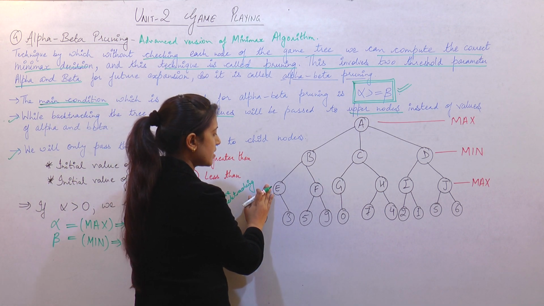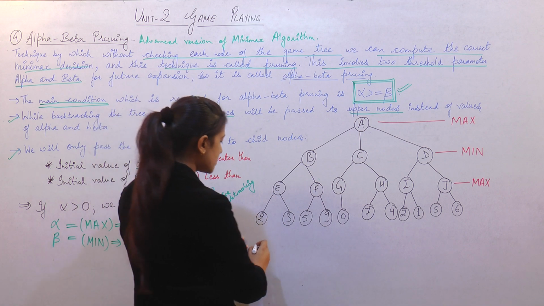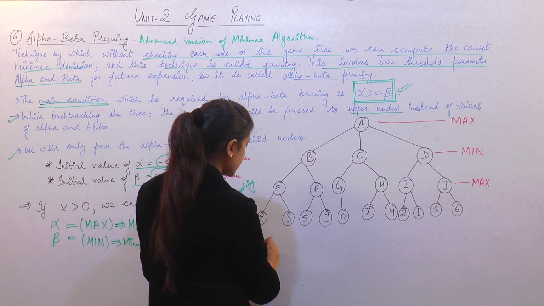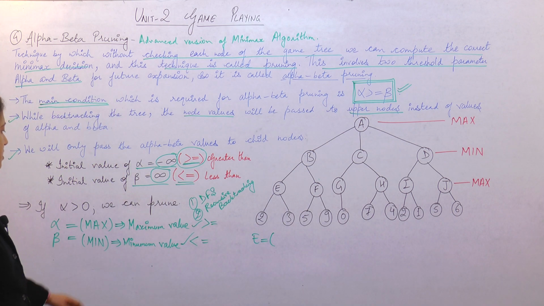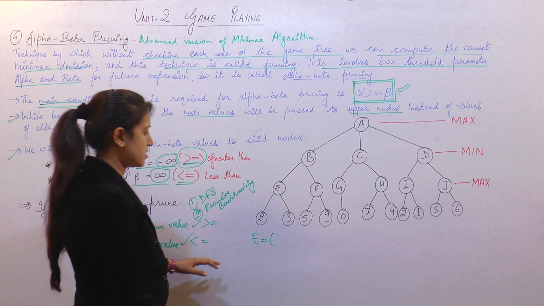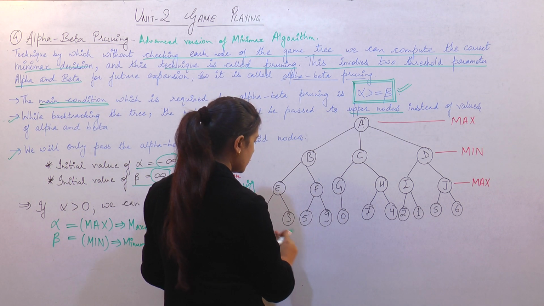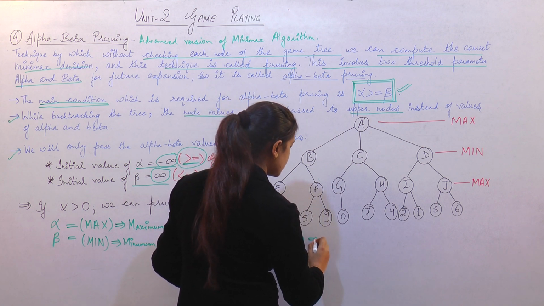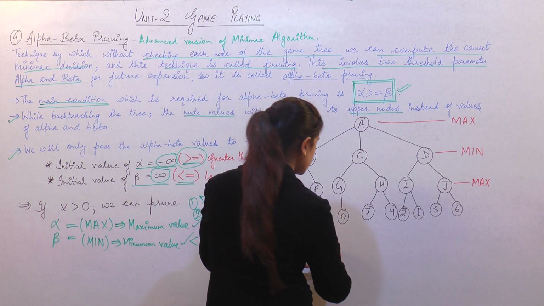For calculating the value of E we have 2 values, 2 and 3. The initial value of alpha is minus infinite, so we compare minus infinite and 2. Among these the maximum value is 2, so we will choose 2.